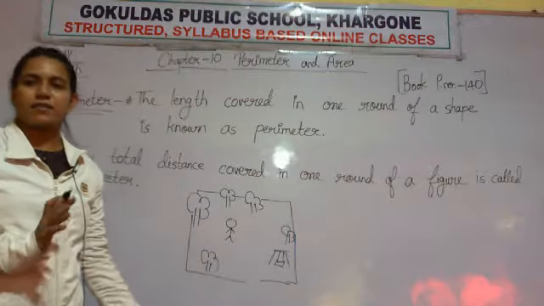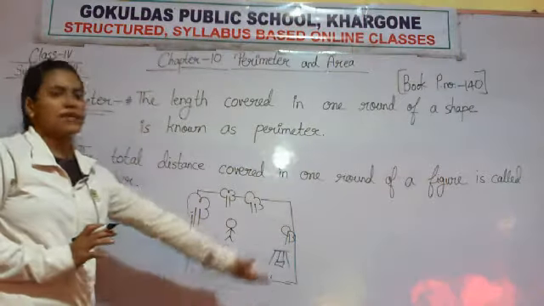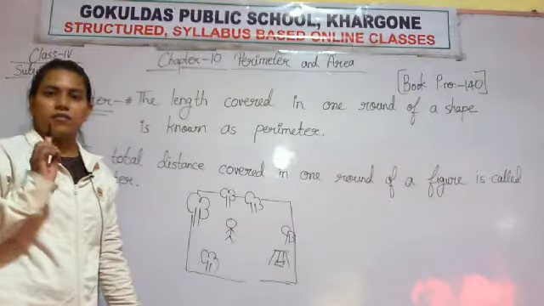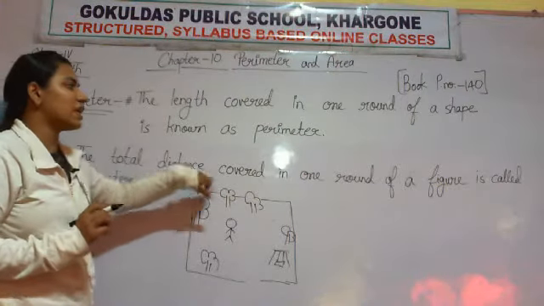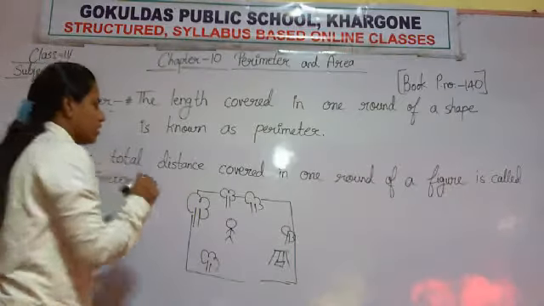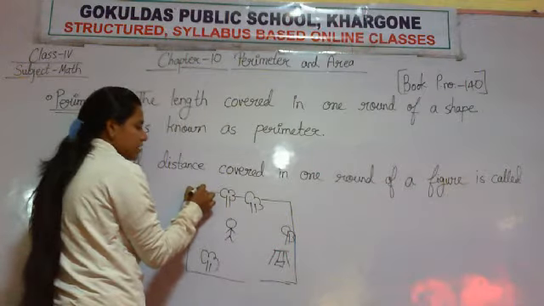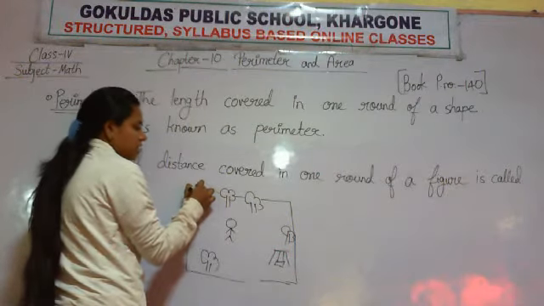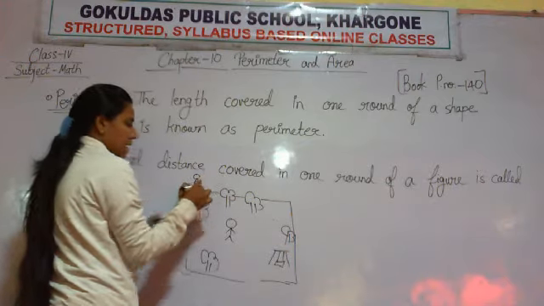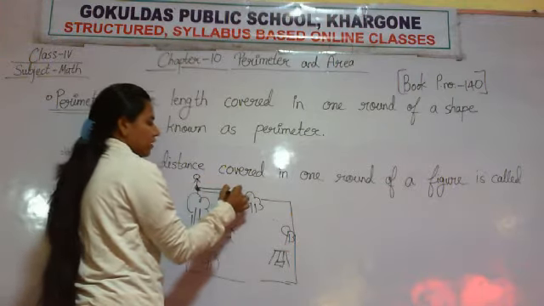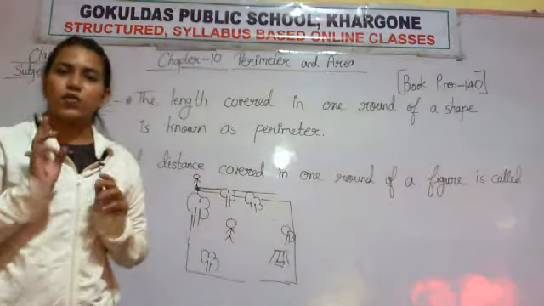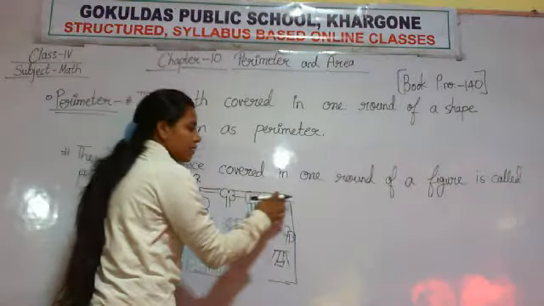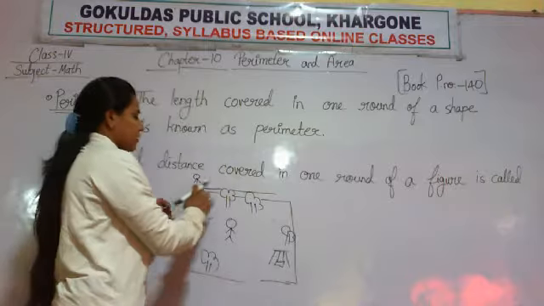Suppose one park is there and you want to measure its perimeter. So what you will do? The total distance covered in one round. You are standing at this point and you start walking along the boundary of the shape.